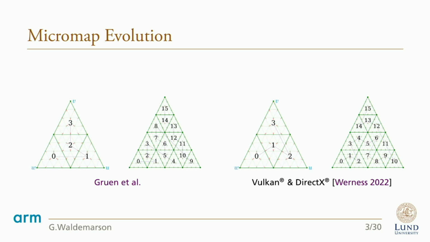The main difference is simply how the subtriangles themselves are ordered in the final bit stream, which you can see in these examples here. In the original format, the triangles are ordered in strips, going from the W coordinate in the left corner, going towards the V coordinate at the top. Whereas the current format walks across the subtriangles themselves in a bit more even fashion, very similar to how the C-curve orders tiles.